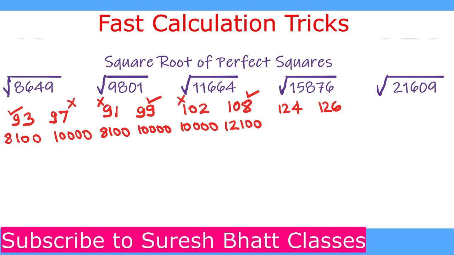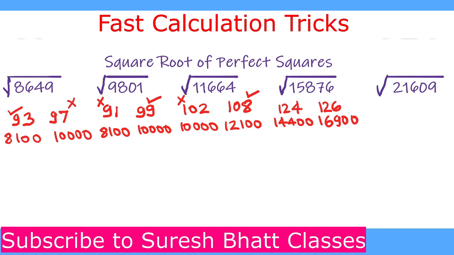or 126. Now applying the rule to find out which number is correct, we will find the square of 120 and 130. The square of 120 is 14,400 and the square of 130 is 16,900, and the given number 15,876 is more close to 16,900.